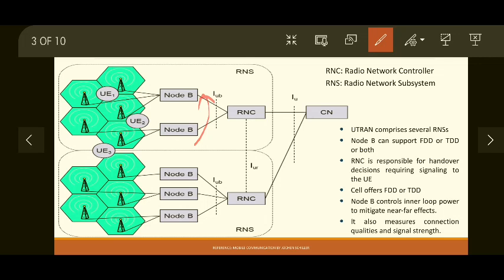To differentiate between them, there are different codes. To maintain the same power level among all the users and the same connection quality, the UTRA network is responsible, along with its components RNS and RNCs.